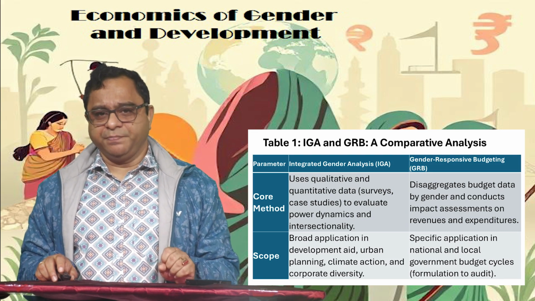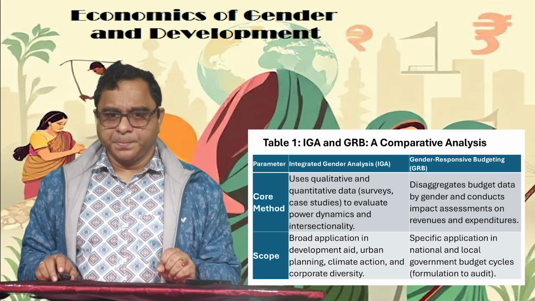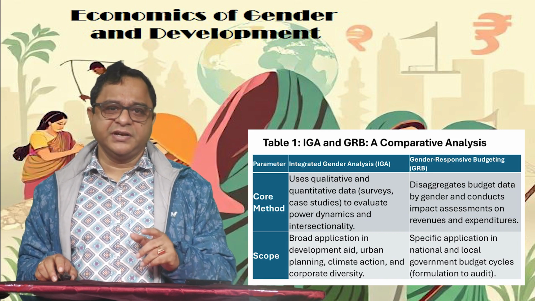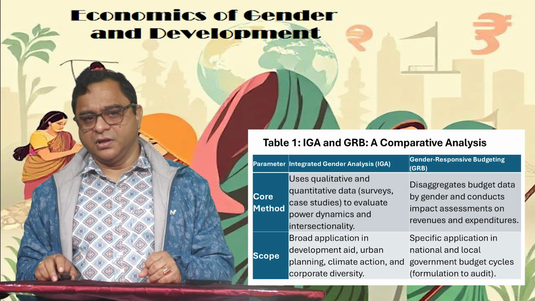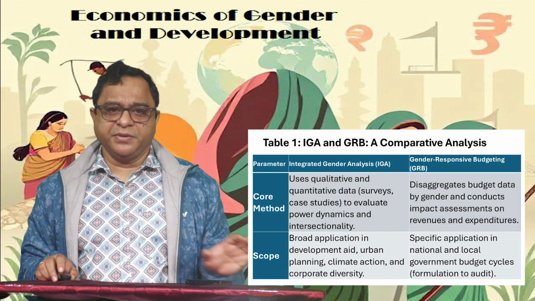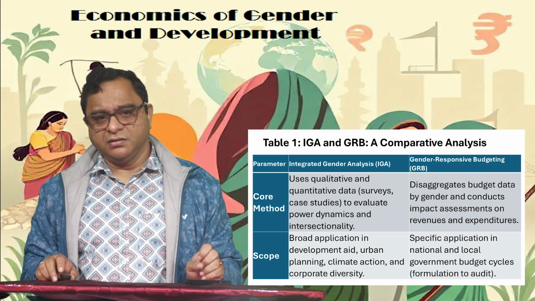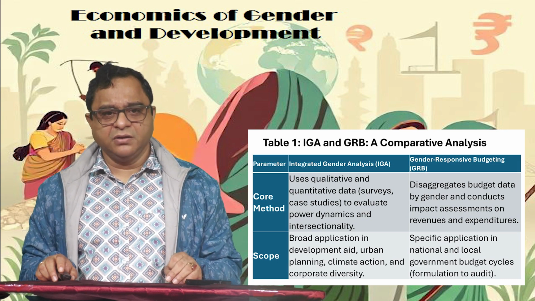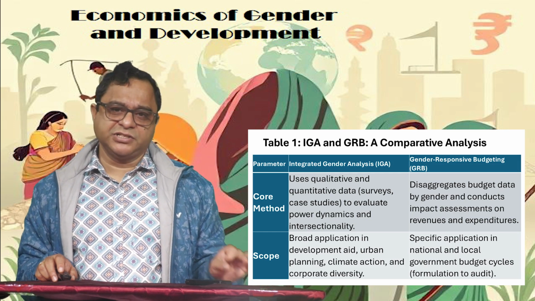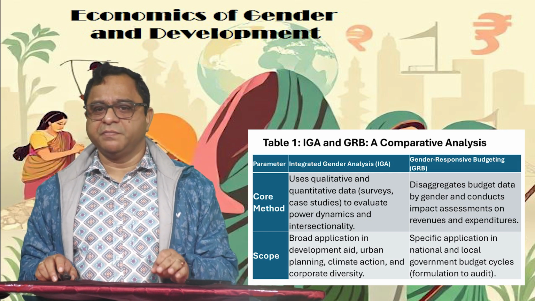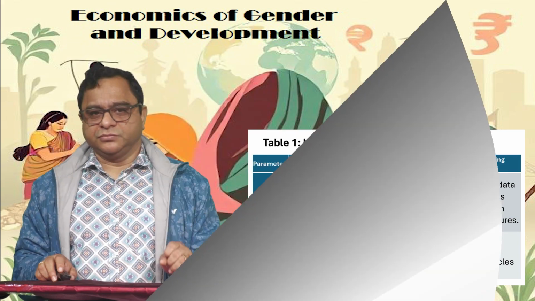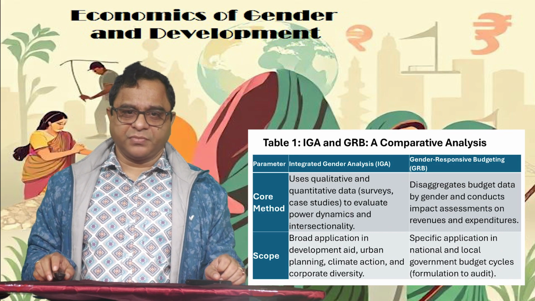GRB disaggregates budget data by gender and conducts impact assessment on revenues and expenditures. The scope of IGA is broad, with application in development aid, urban planning, climate action and corporate diversity. The scope of GRB is its specific application in national and local government budget cycles, in formulation, audit, etc.